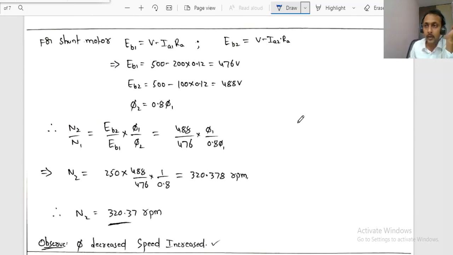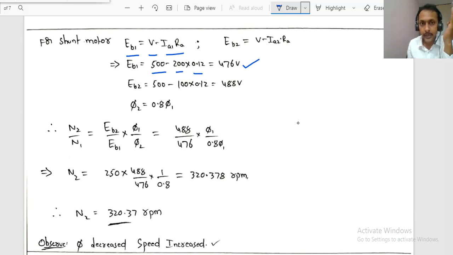Right. Now we are supposed to calculate the back EMF, how much it is developed. With respect to the DC shunt motor, if you recollect, the back EMF is given by the applied voltage V minus IA1 RA. V is 500 volts. In the first case, armature current is 200 amps. Armature resistance 0.12 ohm. So the back EMF is 476 volt.